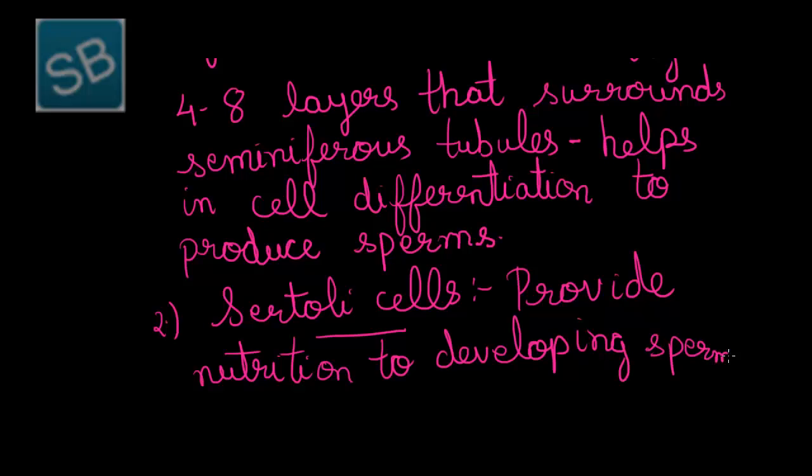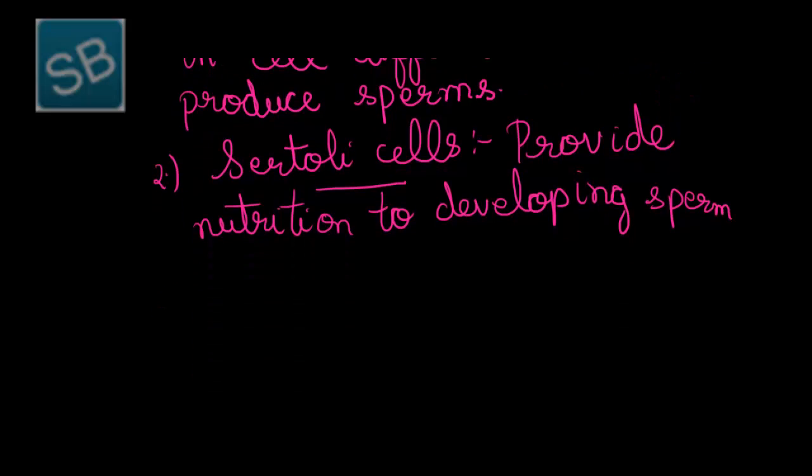Thus these two cells, that is germinal cells and Sertoli cells, which surround the seminiferous tubule, help in the production and nourishment of the sperms.